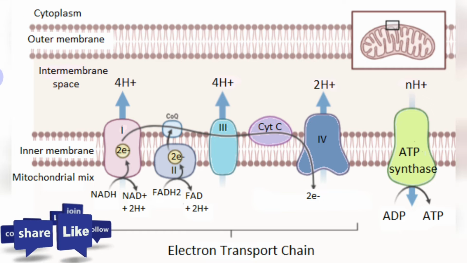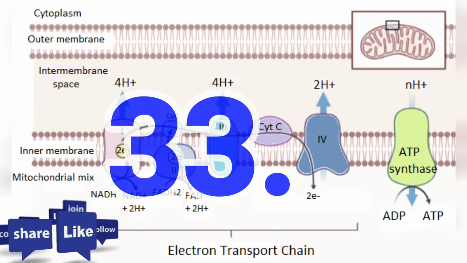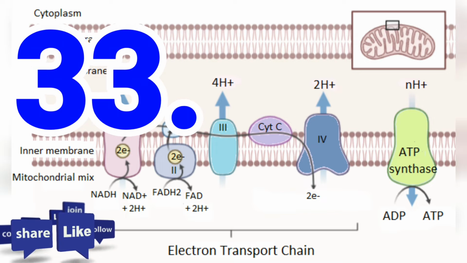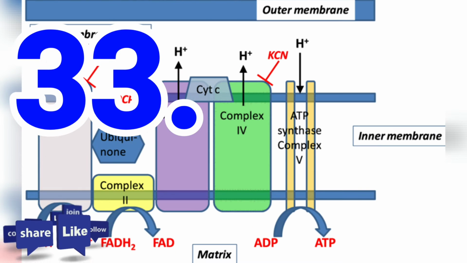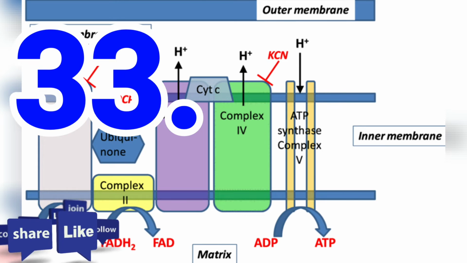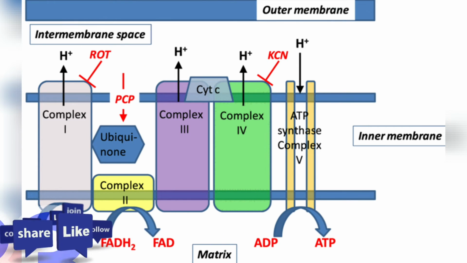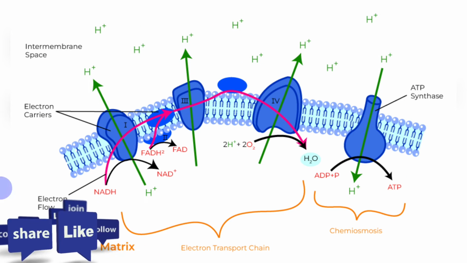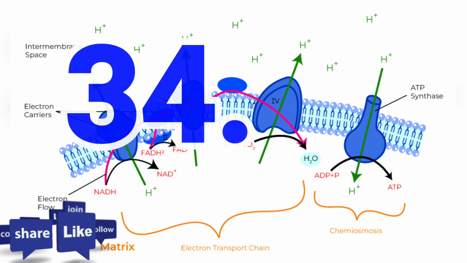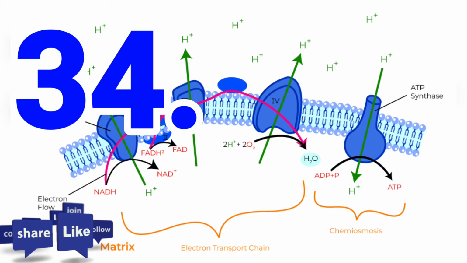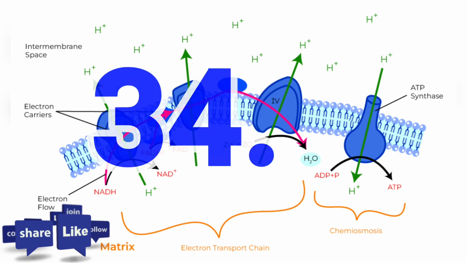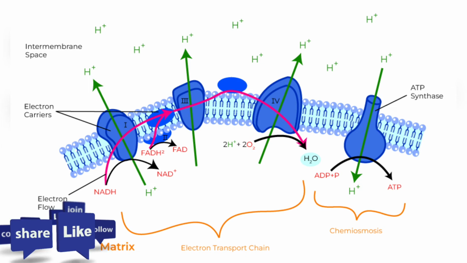The 5 complexes in the ETS are NADH dehydrogenase as 1, FADH2 as 2, cytochrome bc1 as 3, cytochrome a3 and 2 copper centers as 4, and ATP synthase as 5. These complexes are crucial for transferring electrons and generating a proton gradient, which drives ATP synthesis.